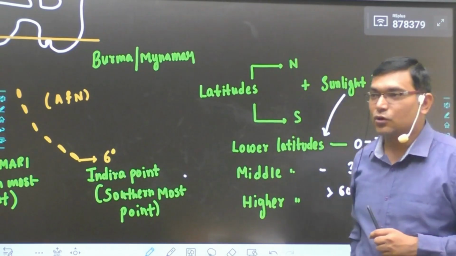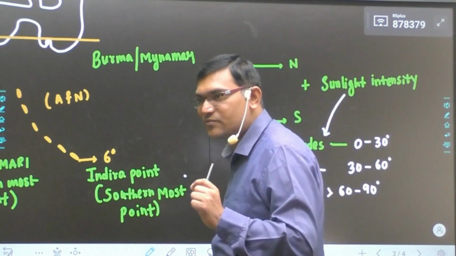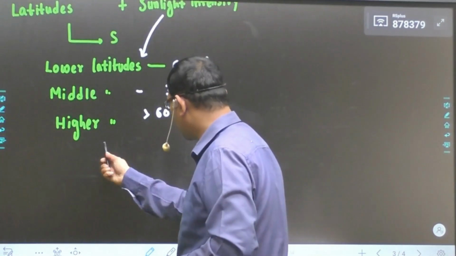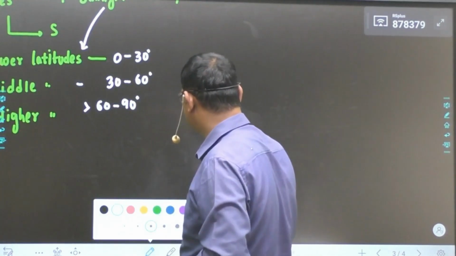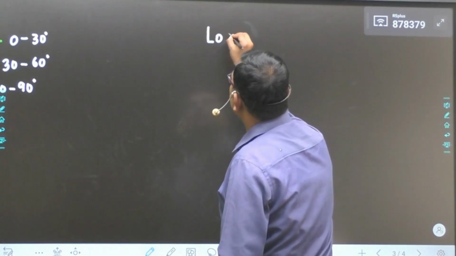So now, longitudinal aspects. Locational aspects: first we have seen latitudes. Second, longitudinal aspects now.